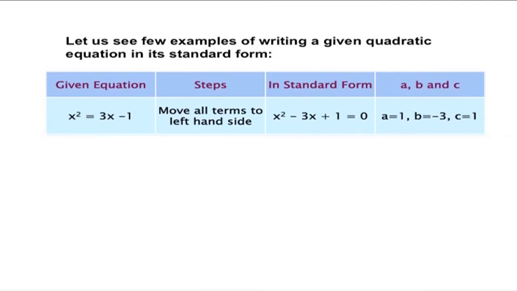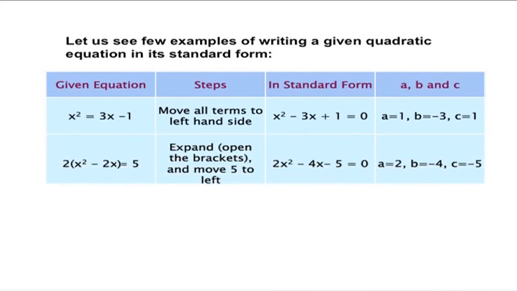The coefficients will be a = 1, b = -3 and c = 1. Similarly, the second equation, 2x² - 4x - 5 = 0. Here a = 2, b = -4 and c = -5.